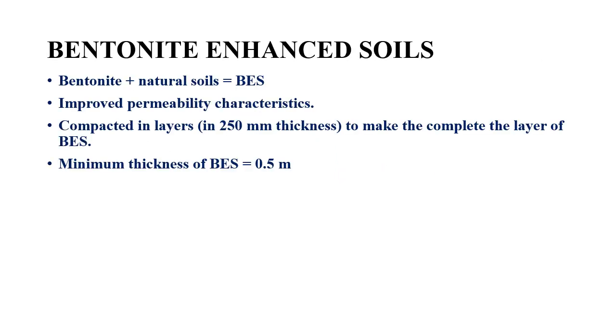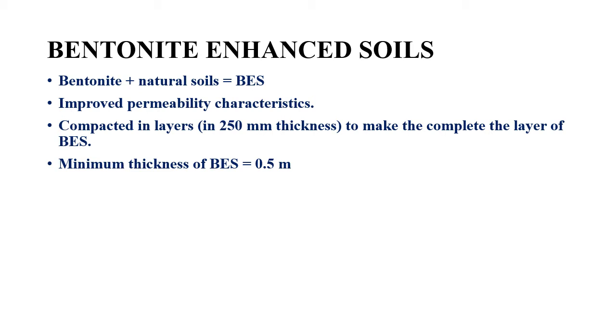So instead of using natural clay materials as liner materials, we can also mix other naturally available soils with bentonite to serve as a liner material. Now those soils are called bentonite enhanced soils, and these bentonite enhanced soils will definitely have improved permeability characteristics.